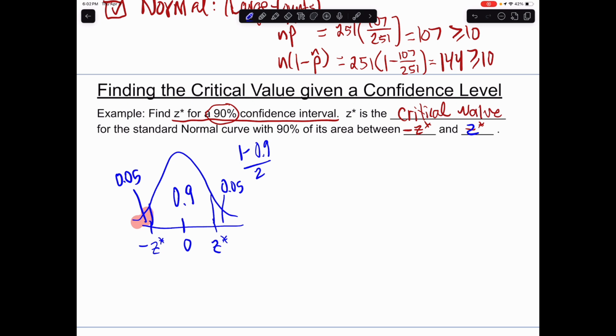So if we want to find this tick mark right here, negative Z star, we know the area. And remember, if we know area on a normal curve, we can use inverse norm.